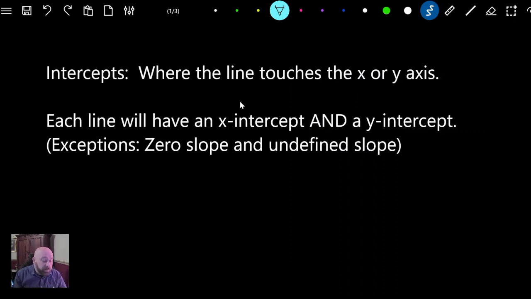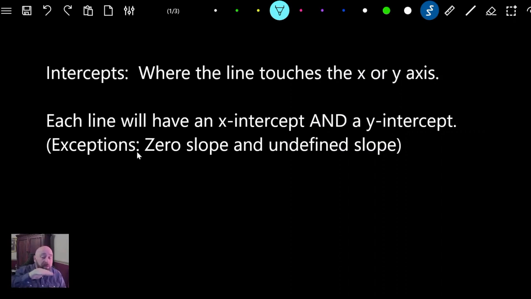All right, look down here. I said each line will have an x-intercept and a y-intercept. So all the lines that you do will have one of each. There will be a point where it crosses the x, and there will be a point where it crosses the y. There are two exceptions to that. Zero slope is an exception because that has no slope, right?